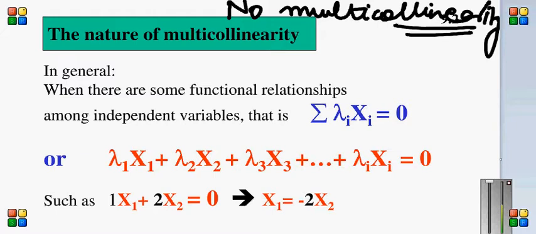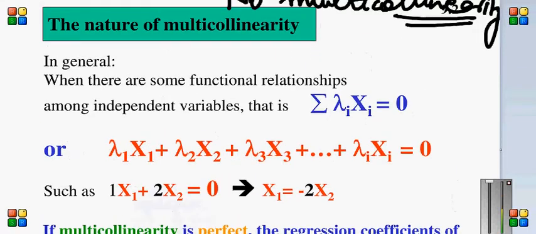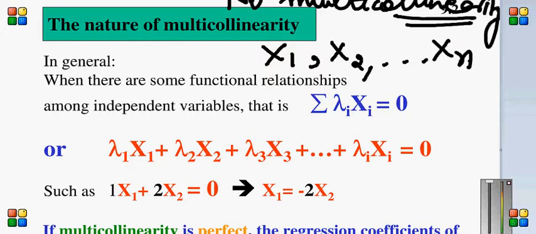If I have to talk in terms of vectors, multicollinearity would basically mean that I can represent, supposedly I have certain vectors x1, x2 and xn. So these are my vectors that I have.